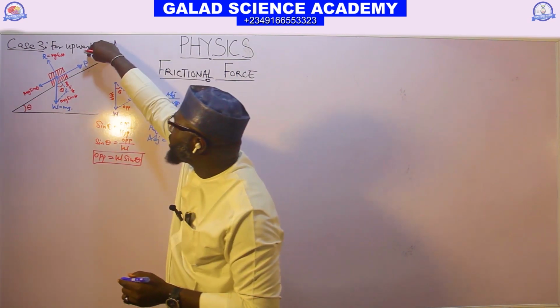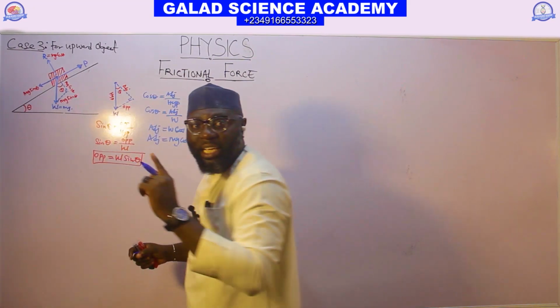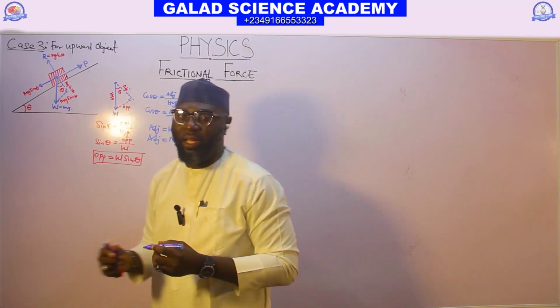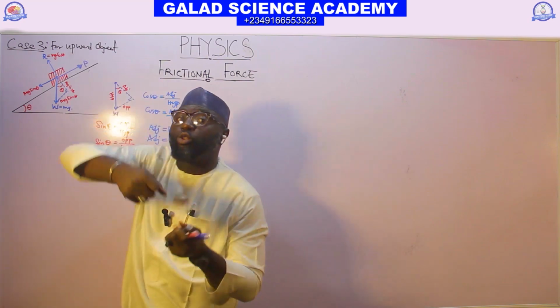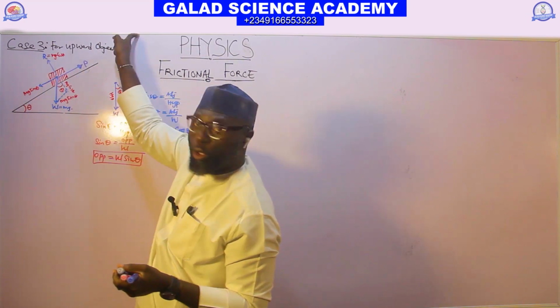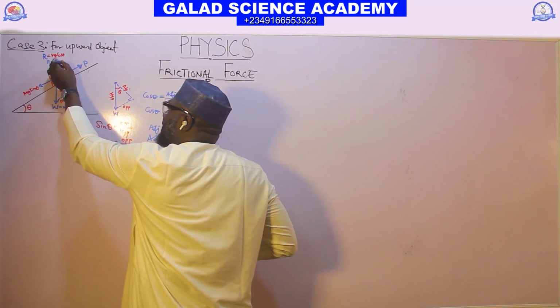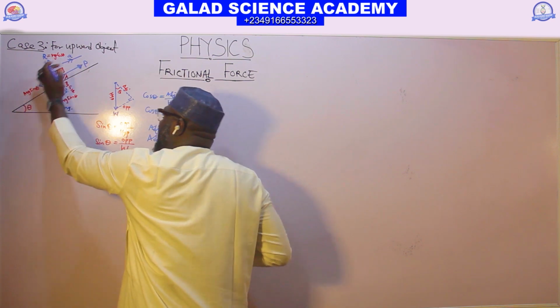So if the applied force is here, there is a particular force again which opposes the motion of this block along the plane. Hello? This P is the applied force that we use to drag the body upward. The acceleration of the body is this A. That is, the body is moving up.